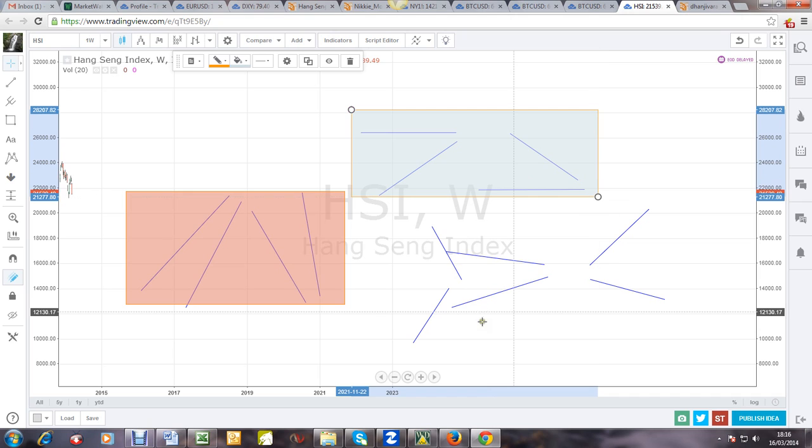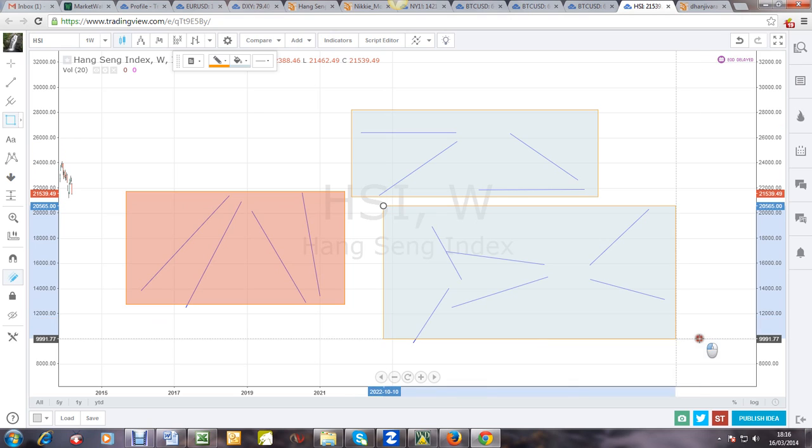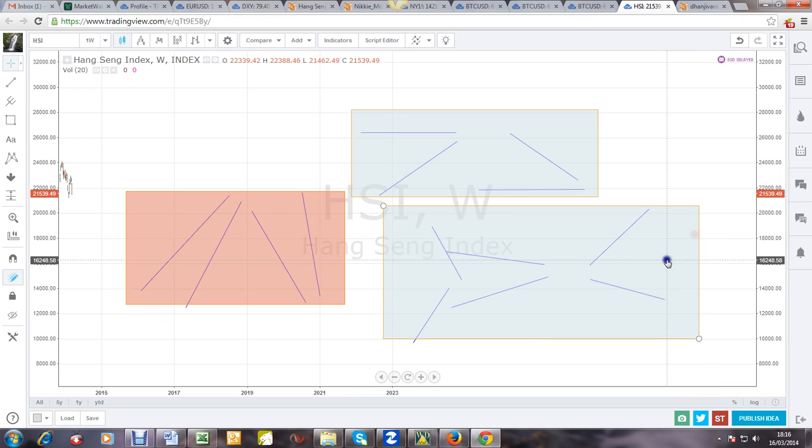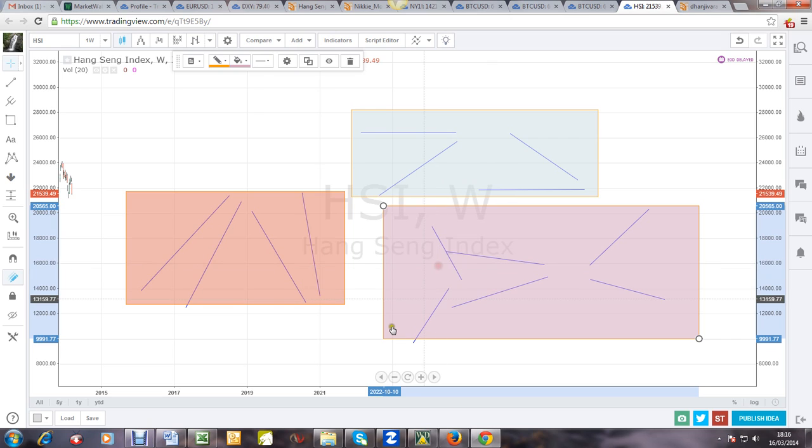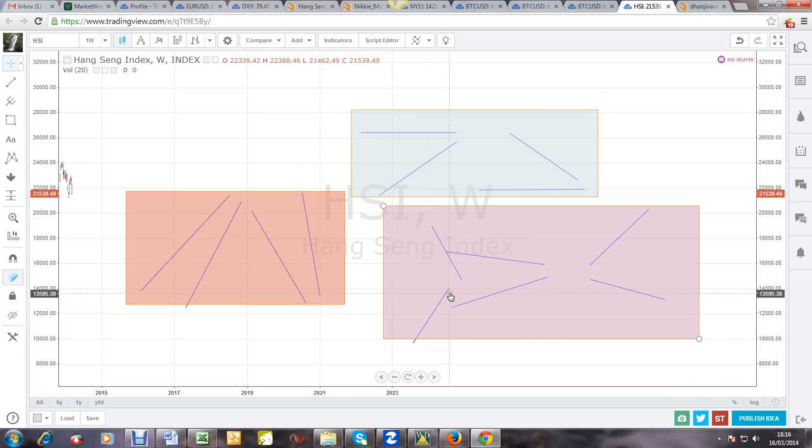Okay, so that is one group of triangle, and then we have an expanding and contracting triangle, so that's another group. One that we are going to be looking at is basically a variation of this one here.